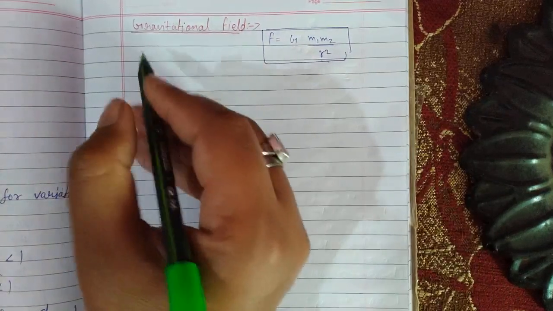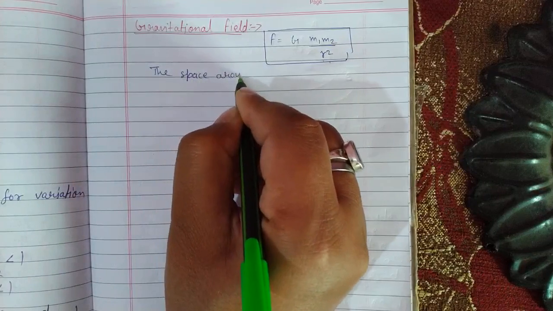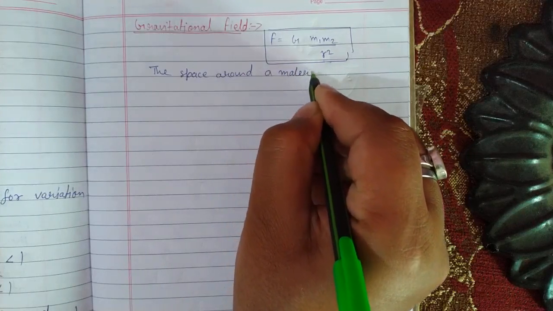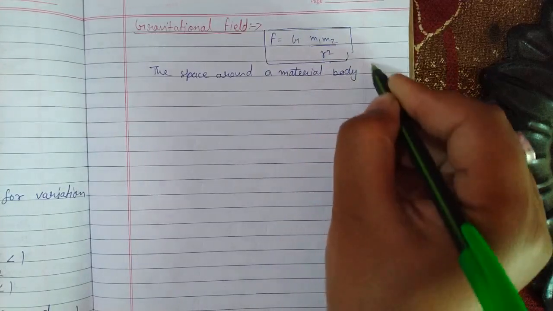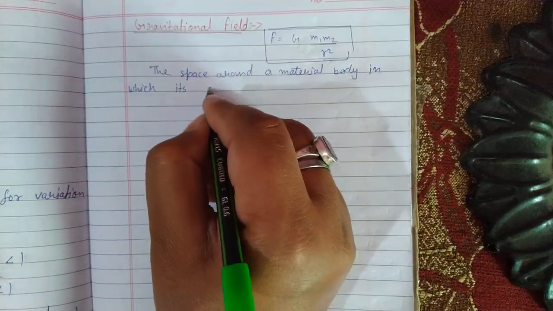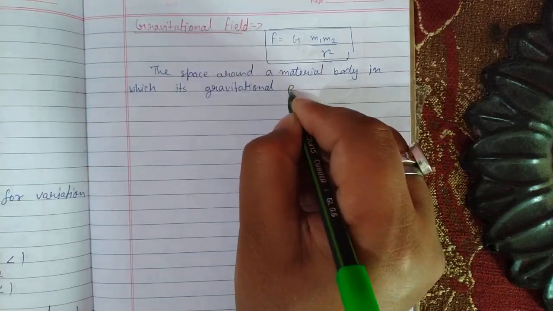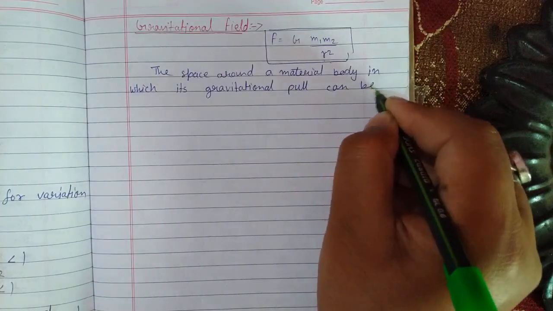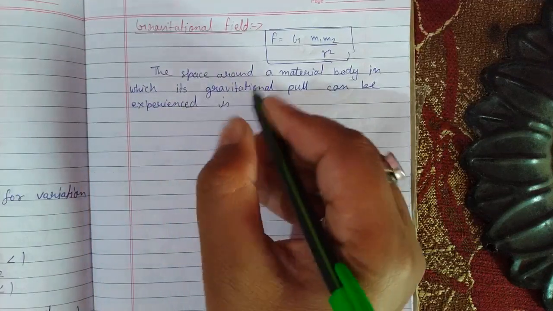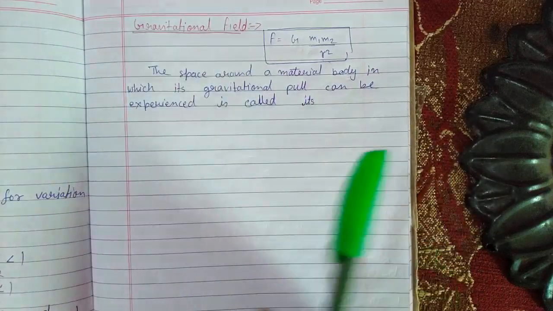Okay, so the space around a material body in which its gravitational field or its gravitational pull can be experienced is called its gravitational field.